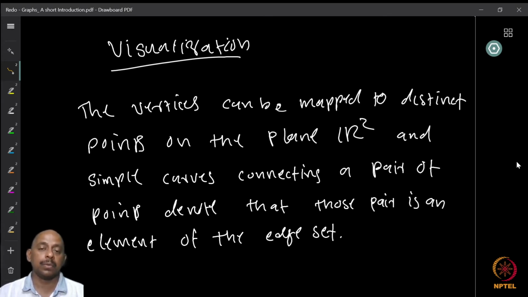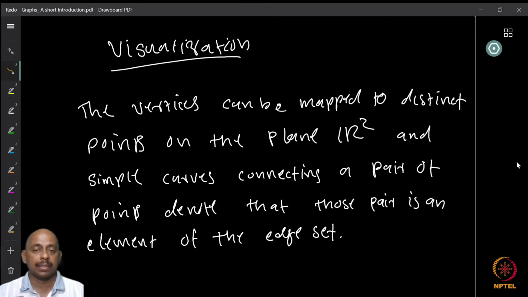So what we do to visualize is to represent it as a picture. And how do we do that? We take the graph and look at the set of vertices. The vertices we will map to distinct points on the plane. For the time being, we'll assume we draw it on the plane.